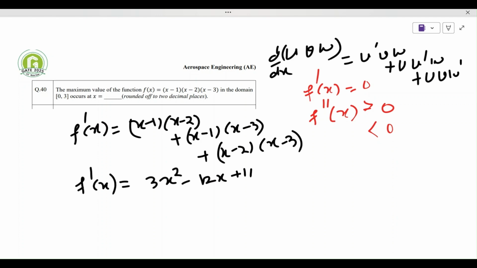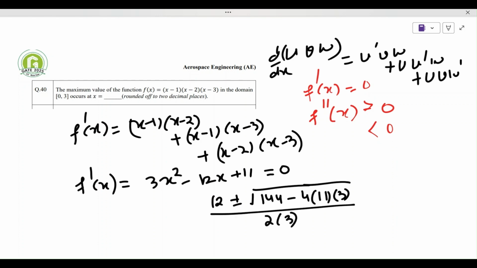Now we equate it to 0, compare with the quadratic equation, and apply the quadratic formula: minus b plus minus under root b square, 12 square is 144, minus 4 into 11 into 3, divided by 2a, that is 6.